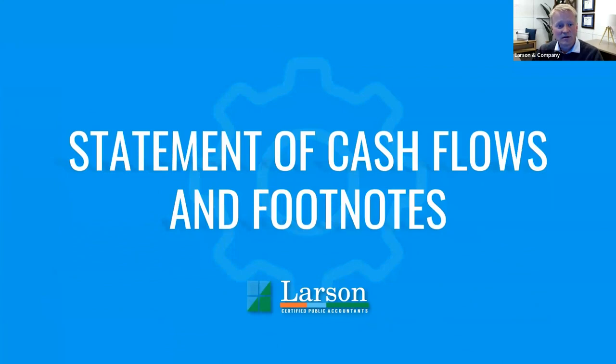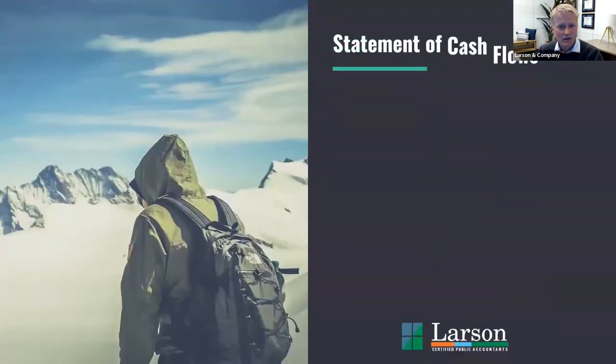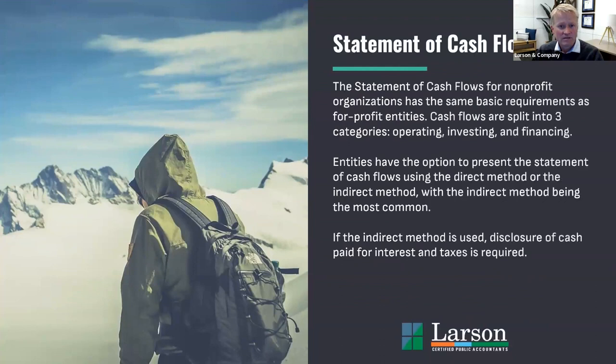Okay, let's talk a little bit about the statement of cash flows and footnotes. The statement of cash flows for nonprofit organizations has the same basic requirements as for-profit entities. The cash flows are split into three categories: operating, investing, and financing. Entities have the option to present the statement of cash flows using the direct method or the indirect method, similar to for-profits.